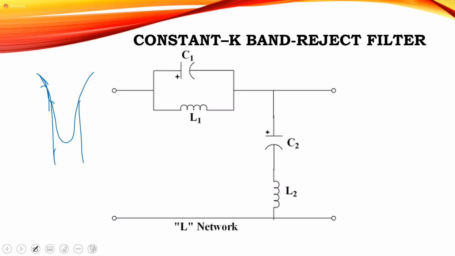because this is your bandwidth, you know. It's a band reject. So if this is your bandwidth, then the undesired frequencies would be over here. And the impedance for your parallel resonant circuit would be higher at these frequencies.